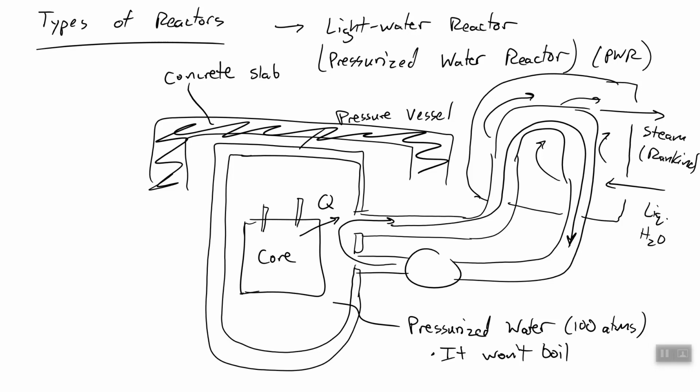So we have two fluid loops. We have the internal pressurized loop, which is always liquid water, and then we have here the actual evaporator, which is evaporating our Rankine cycle working fluid. Okay, so that's how the pressurized water reactor works.